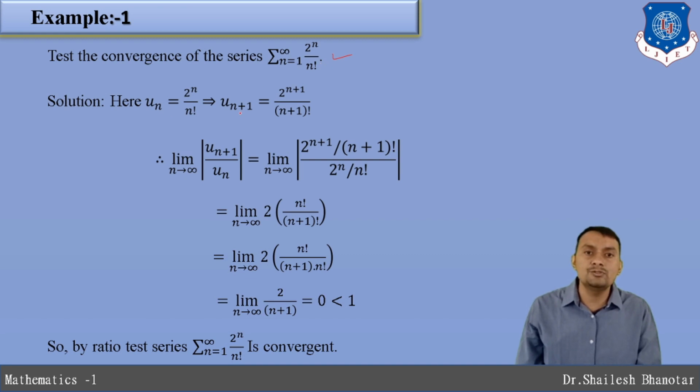So un is there, so un plus 1, just n is replaced by n plus 1, so n plus 1 factorial. So un plus 1 divided by un, the absolute value of 2 raised to n plus 1 divided by n plus 1 factorial, divided by 2 raised to n divided by n factorial. Also this can be written as n factorial into n plus 1.